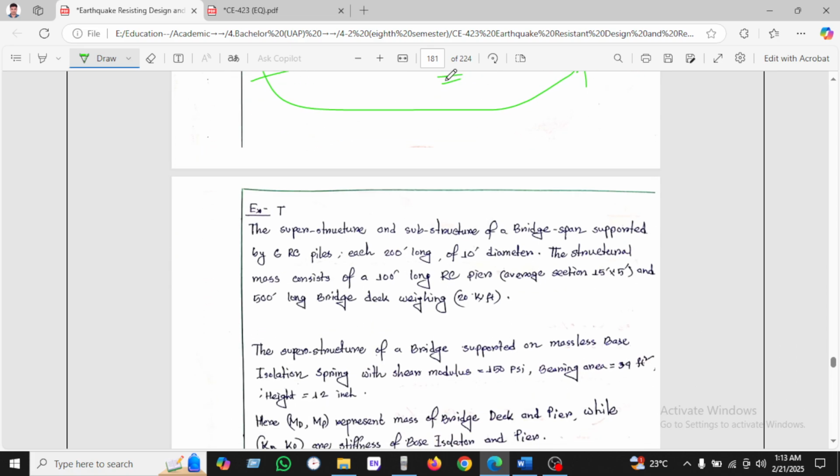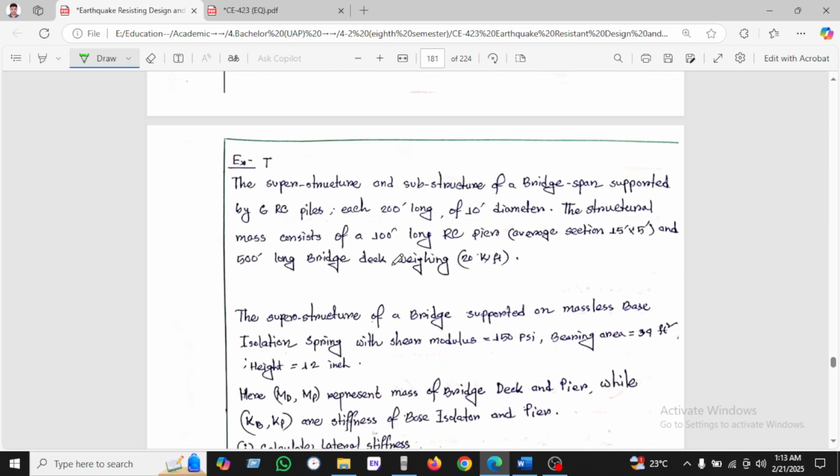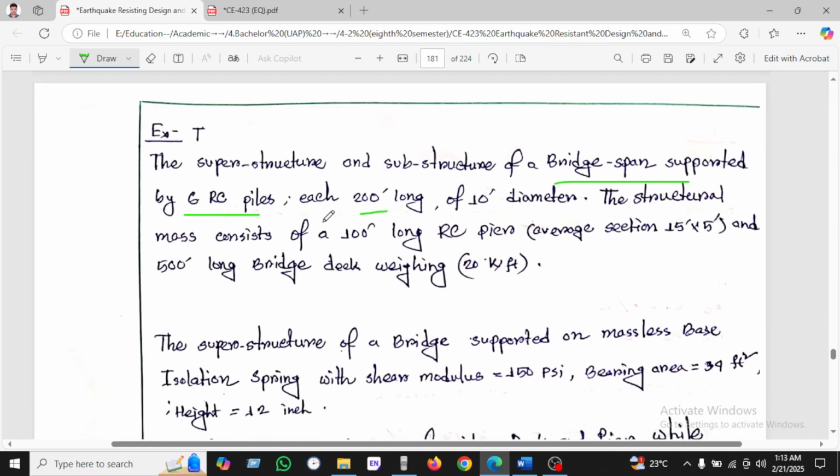Okay, so let's see another example here. This is the last example in our math. The superstructure and substructure of a bridge are supported by 3 RC piers, each of 20 feet. This is, we can say, the real problem in Padma Bridge.